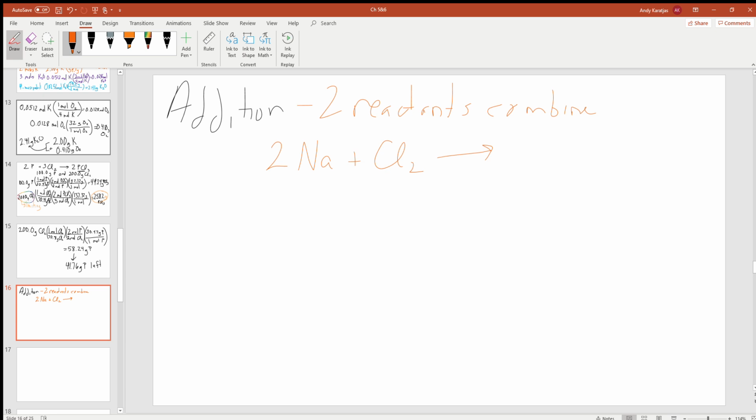This is always a very interesting reaction when you think about it. The product here will form 2 sodium chloride.